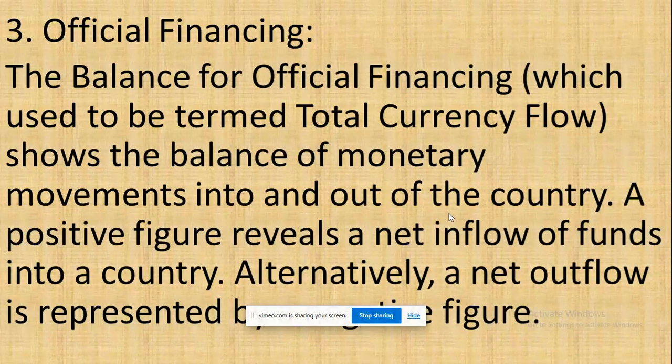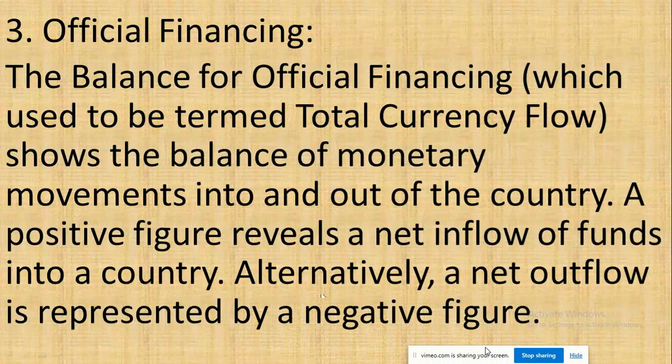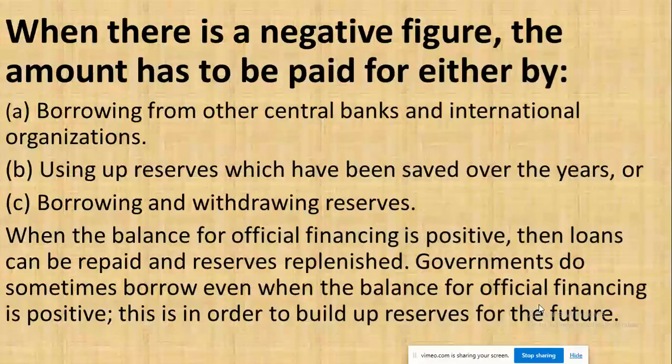A positive figure will reveal a net inflow of funds into the country. Alternatively, a net outflow is represented by a negative figure, and that is what we call official financing as one of the components of balance of payment.